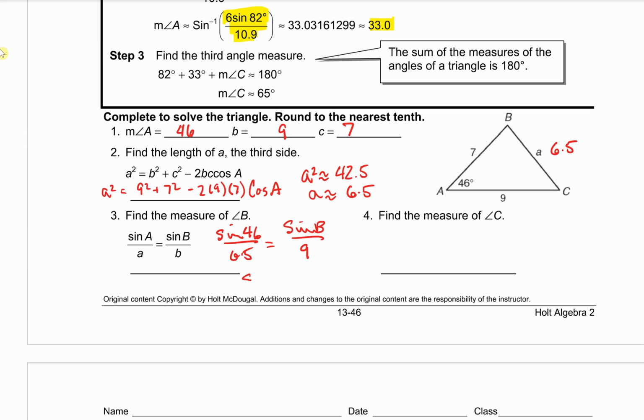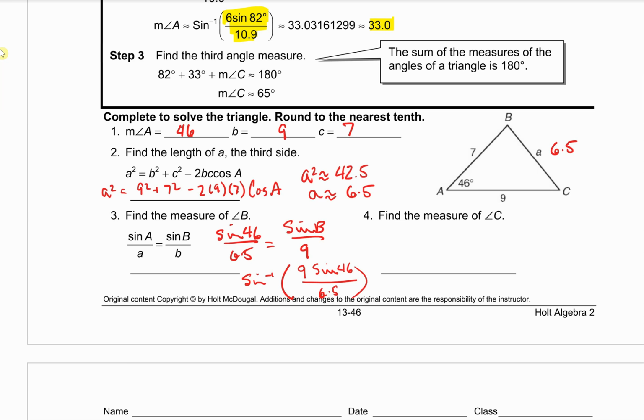So that means I'm going to do inverse sine of 9 times the sine of 46 divided by 6.5.